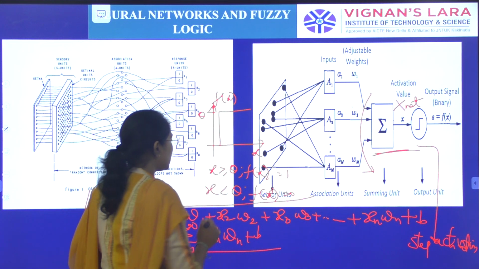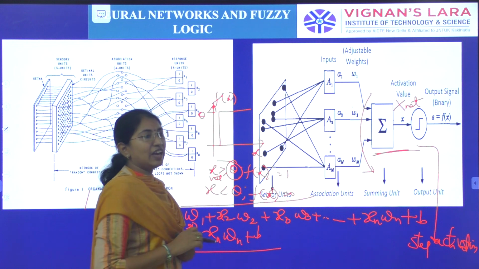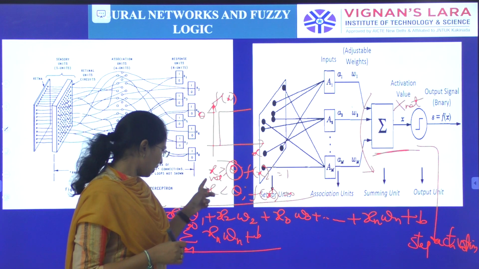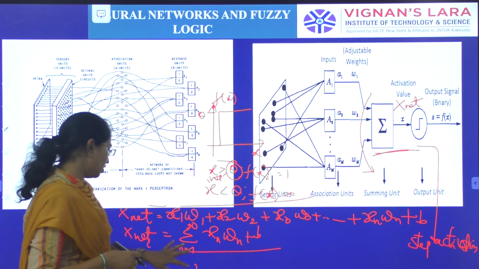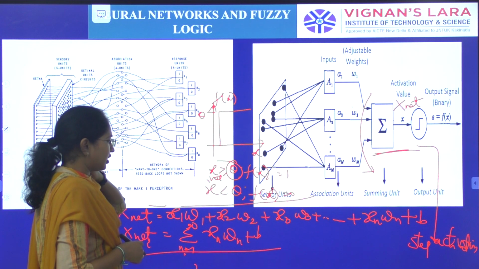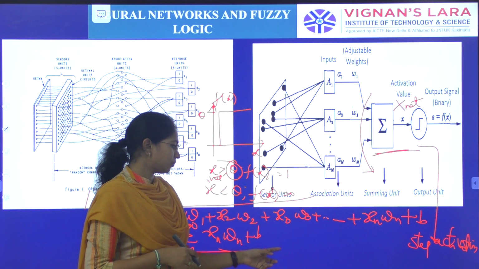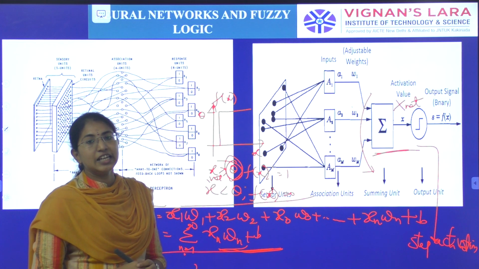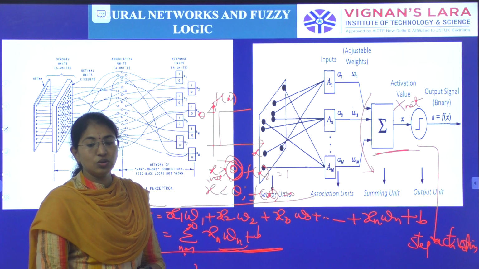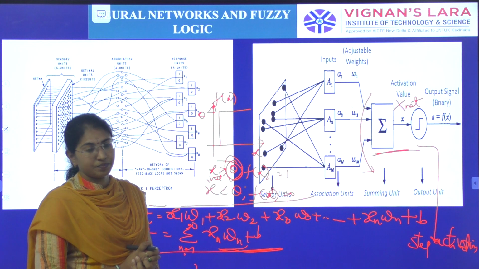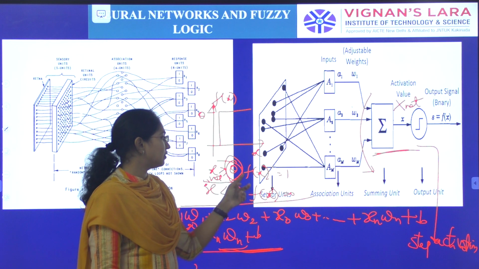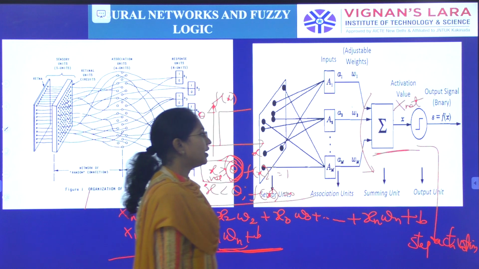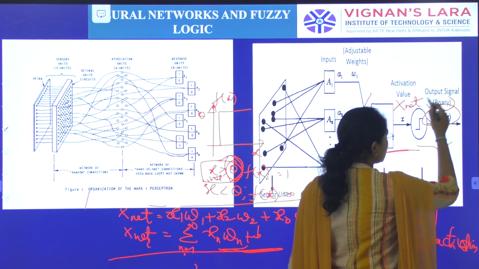By comparing this xnet with the activation value or threshold value, if the calculated xnet, which is equal to summation n is equal to 1 to infinity of xn wn plus b, is greater than or equal to theta, where theta is the activation value of the activation function, then you will get an output signal, again a binary value.